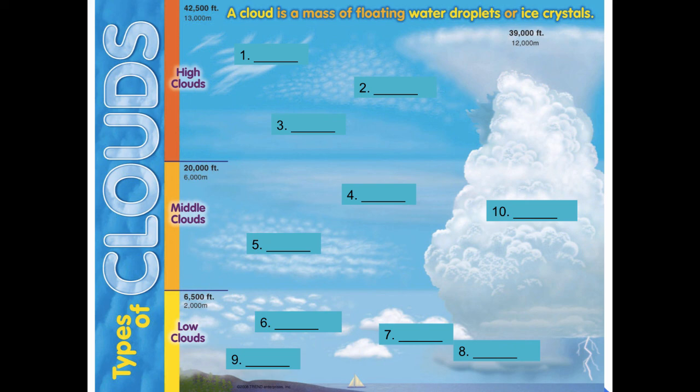And then we have that one very special cloud that goes through all the layers because it's very tall. So do your best based on what shape and height these clouds are forming at to identify the different cloud types. You can just number 1 through 10 in your notes or on a piece of paper, and then after warm-ups we'll discuss what you guys decided.